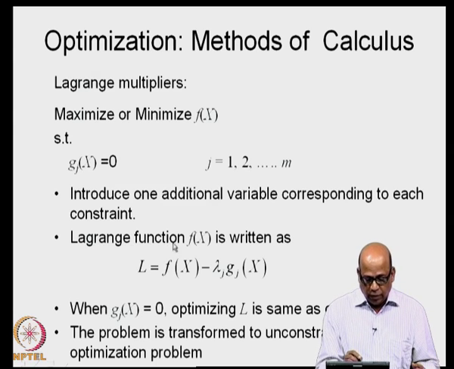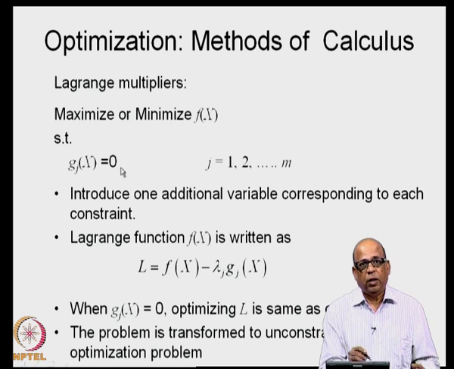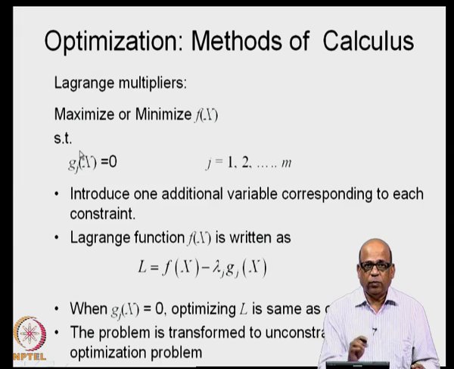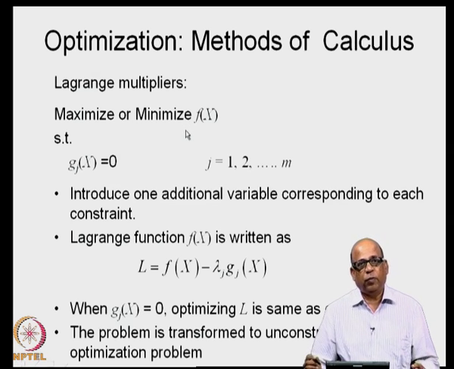We associate with each constraint a Lagrange multiplier lambda j, and then we formulate the Lagrange function. You have the original function f of x, which is a function of n number of variables. We have the constraints gj of x is equal to 0. Associated with each of these constraints gj of x, we have now a Lagrange multiplier lambda j. We formulate what is called a Lagrange function using the function f of x and the constraints gj of x along with the Lagrange multipliers lambda j.